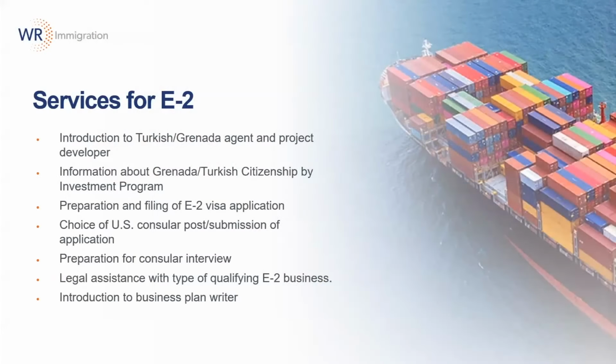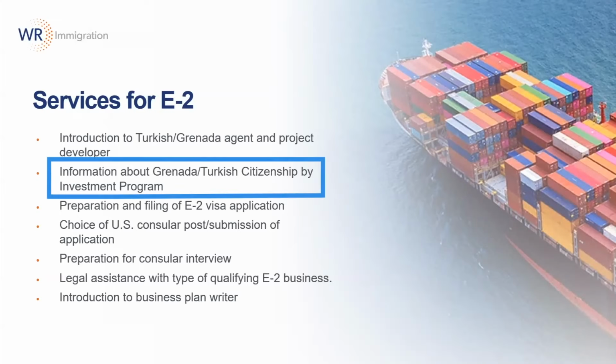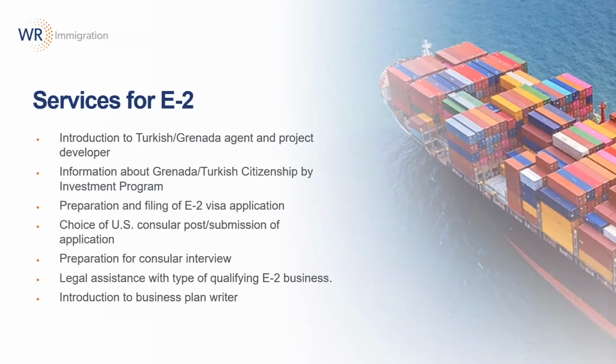So what sort of services do we, meaning WR, provide? We can help you getting that CBI, the Citizenship by Investment passport. Again, our two favorite countries, Grenada and Turkey. We will help you prepare the E2 visa application.